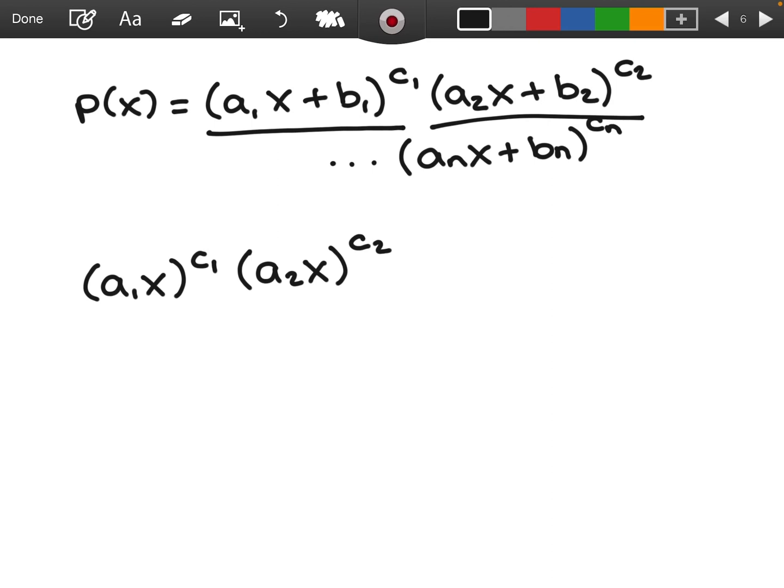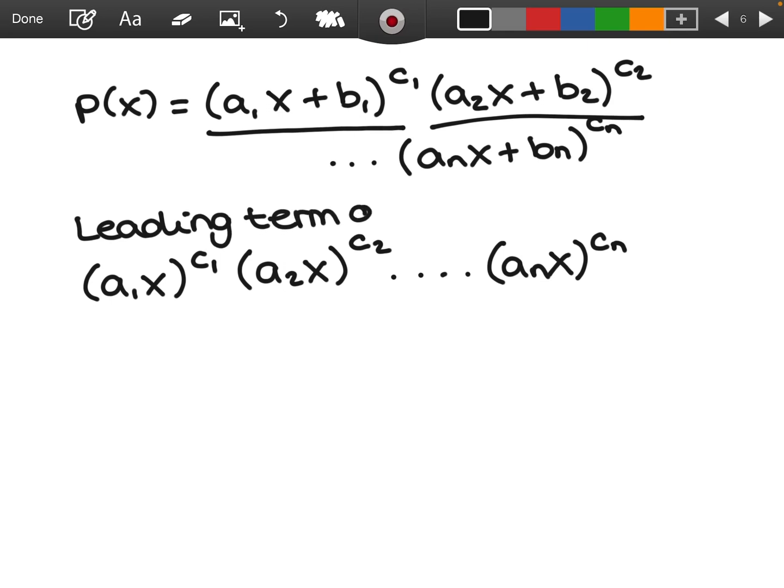Looking at the next one, I would have a2 x to the power c2, and you would multiply all those leading terms together to give me the leading term of the overall polynomial. Okay, that would be the highest power of x that I could possibly get by multiplying out this whole polynomial.